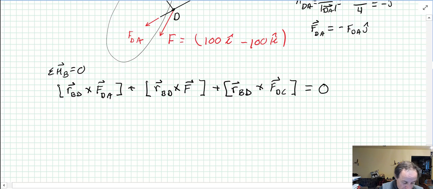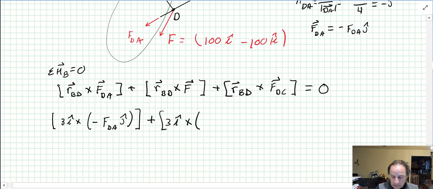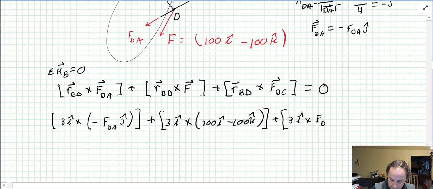So this breaks down when you put some numbers in to 3I crossed with FDA, which we found to be minus F, the magnitude FDA, J, plus 3I again, crossed with the applied force, 100I minus 100K, plus same position vector, crossed with, there's a bit more to this one, minus 3 over 13 I minus 4 over 13 J plus 12 over 13 K. That whole thing equals 0.